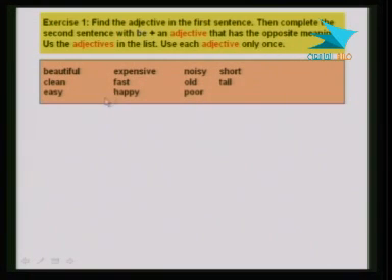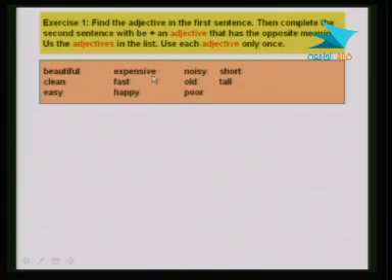All right. I'll read the adjectives and you repeat after me, please. Repeat means أعد أو كرر. So I say them, you say them after me. The first one. Beautiful. Clean. Easy.